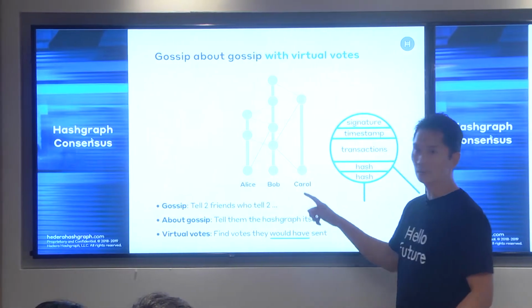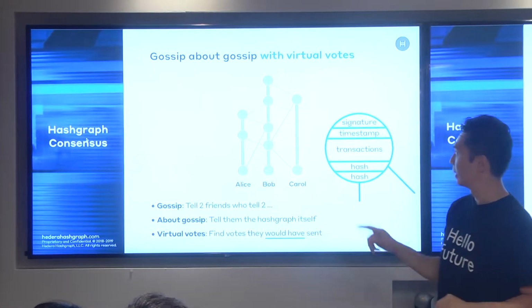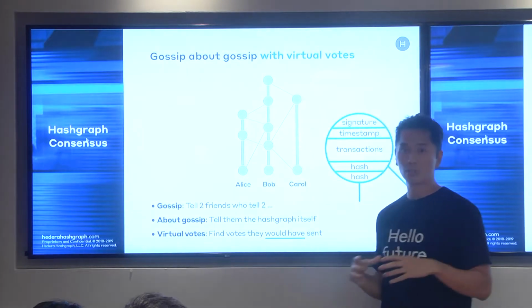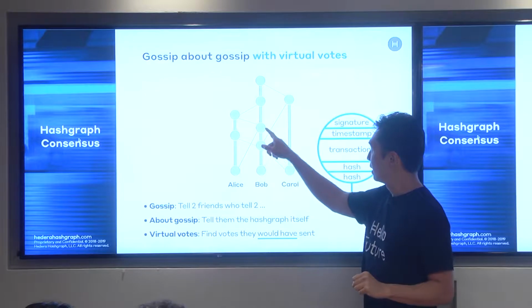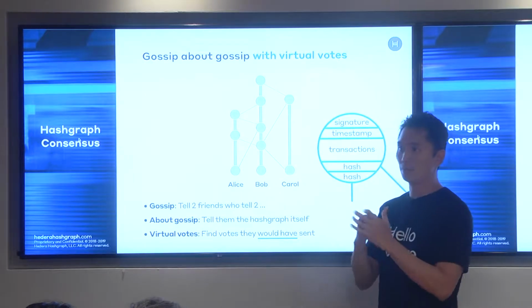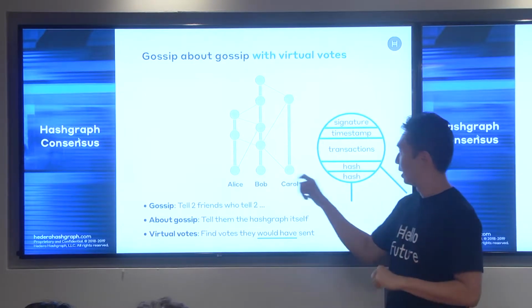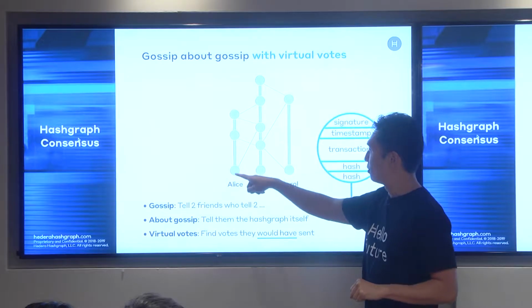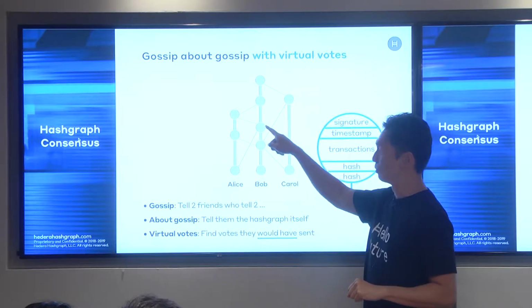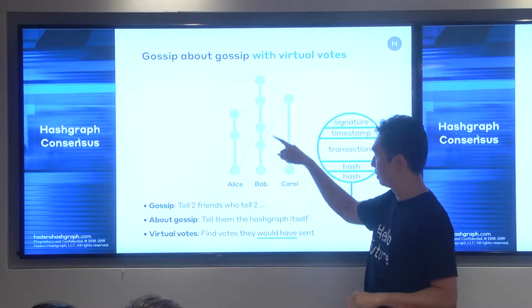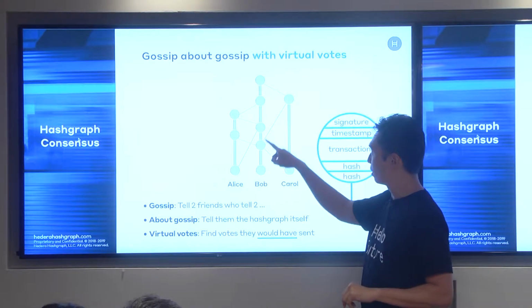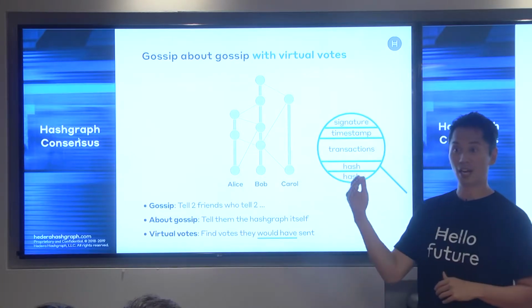Alice, Bob, and Carol are all nodes in the network. And each of these circles is what we call a gossip event. In each of these events, there is one node gossiping to another node a certain set of transactions. So this event, for example, could be Alice gossiping over to Bob the red transaction.